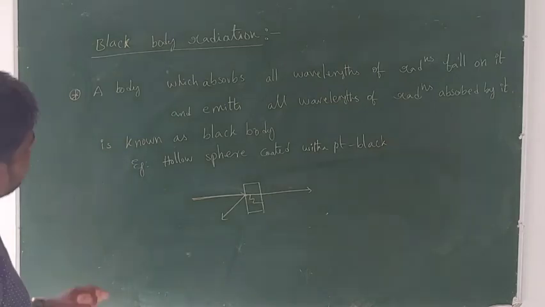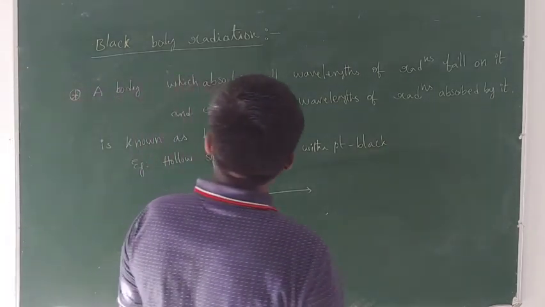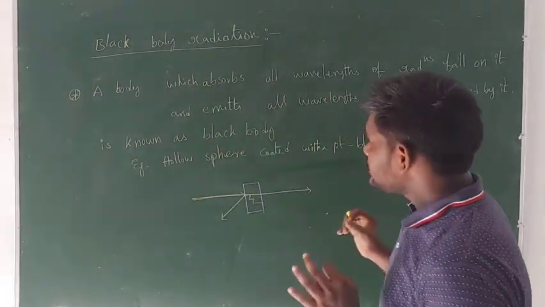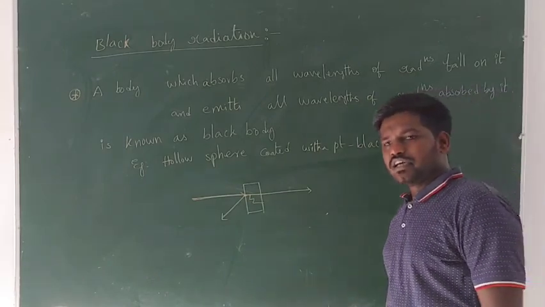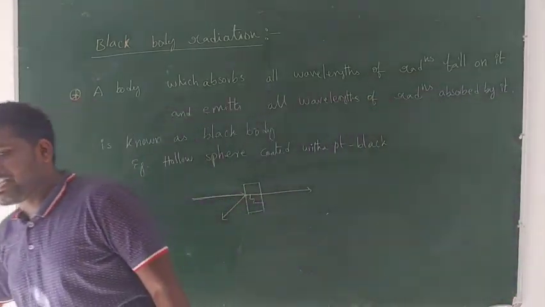Now a black body is a body that is able to absorb all types of radiation incident over itself.